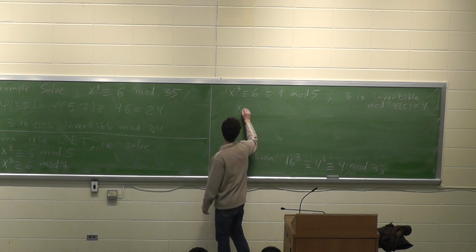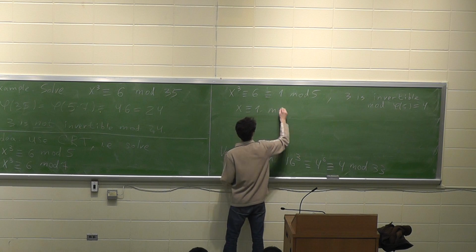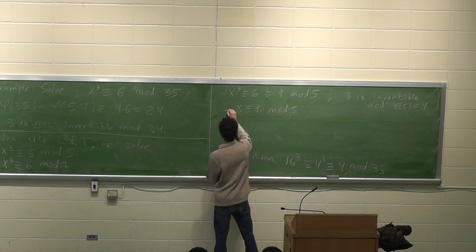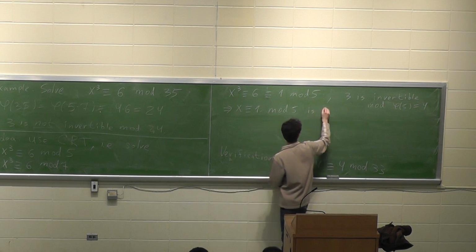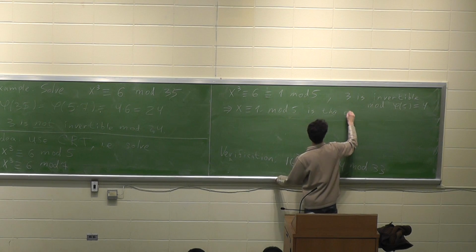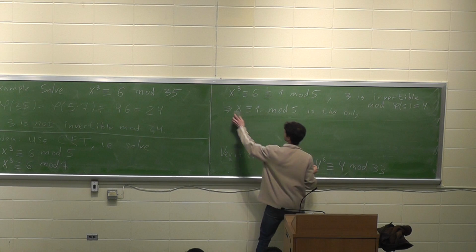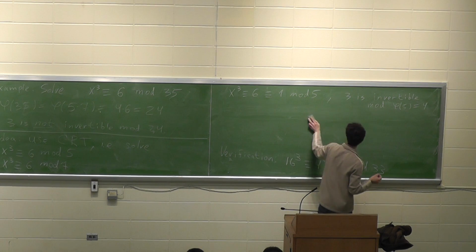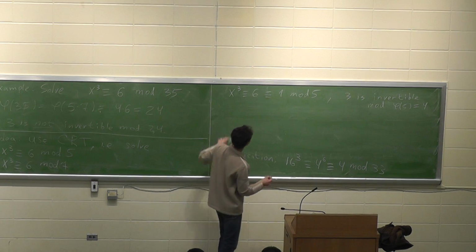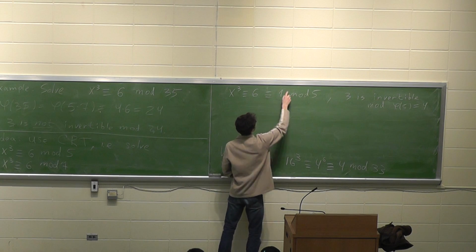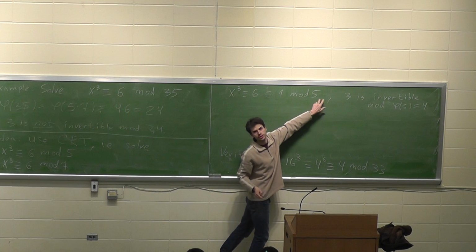So x congruent to 1 modulo 5 is the only solution. Sorry, I wanted to apply my corollary, but I had to verify another thing, that this number b is relatively prime to n.